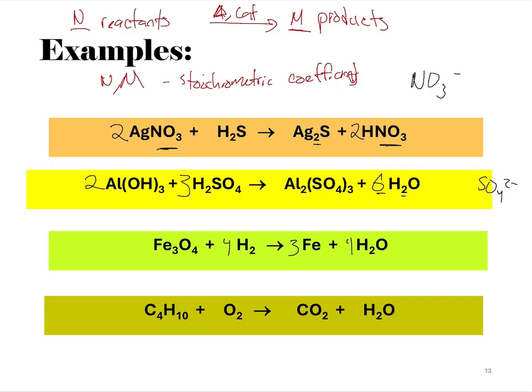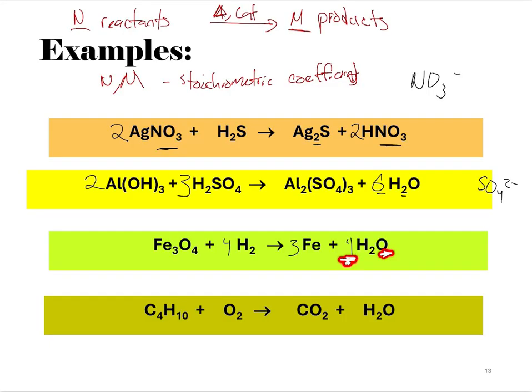Yep, so if we were to balance the metal first, iron, we have 3 on the iron oxide, and then we need 3 on the right-hand side of this equation, so we balance that. That looks good. Then we can start looking at the hydrogens. Well, the hydrogens are originally balanced, so let's look at the oxygens. To balance the oxygens on the left-hand side, we have 4 there, so we multiply the number of water molecules by 4.